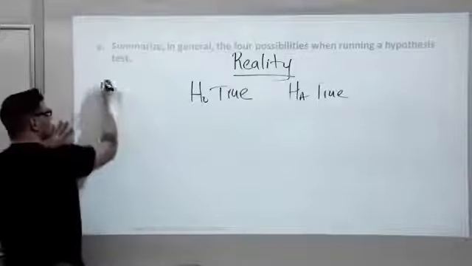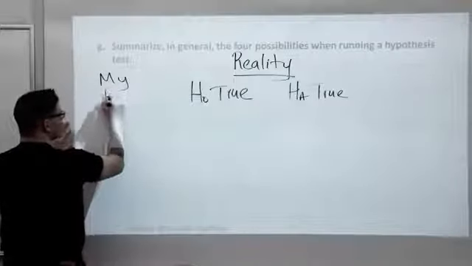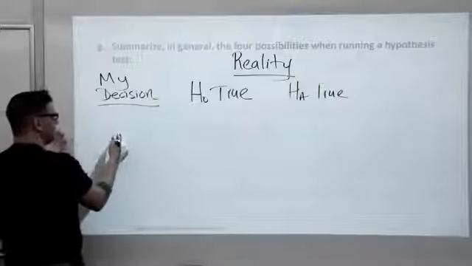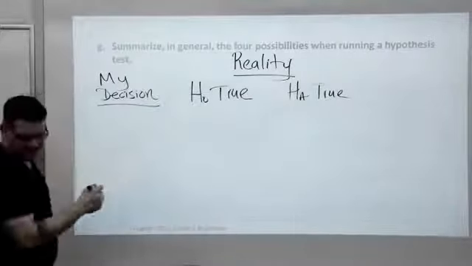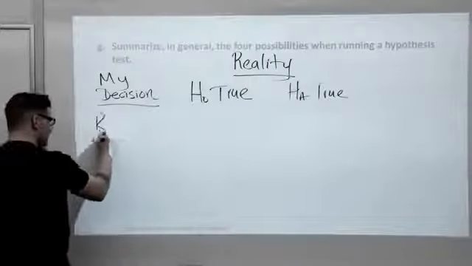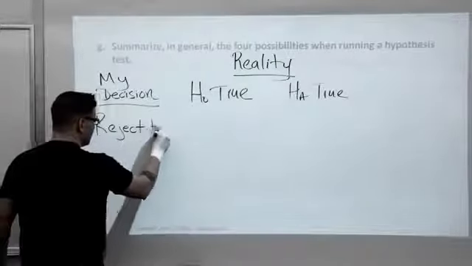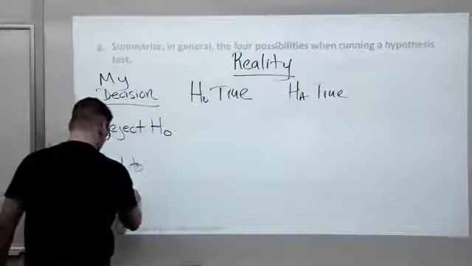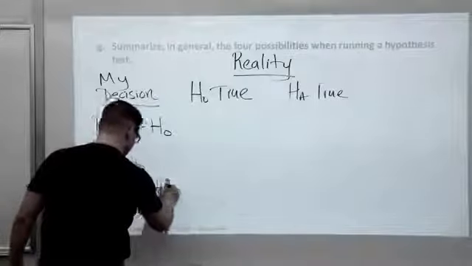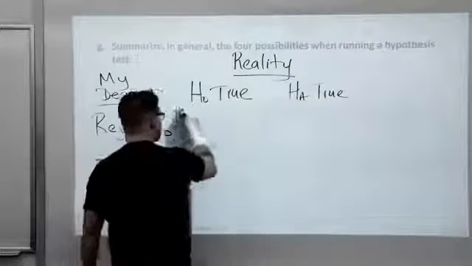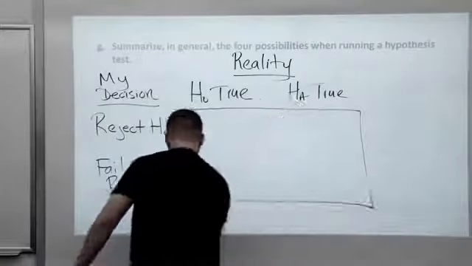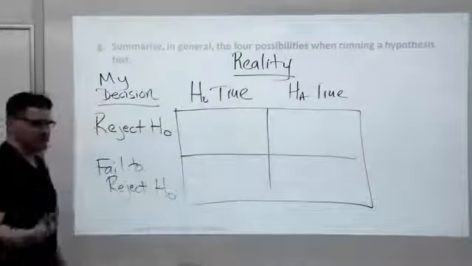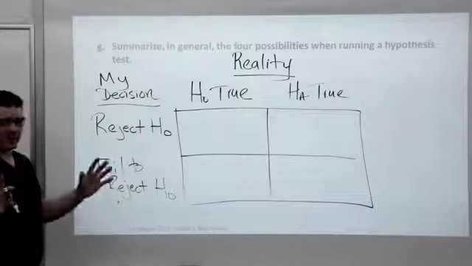Down here, 2 things are going to be, here's your decision. This is after you run the test, you're going to make that decision. And what will you do? You'll either reject the null or fail to reject. And yeah, let's put reject the null up top, and then down below would be fail to reject. Two are correct. 2 are those errors.